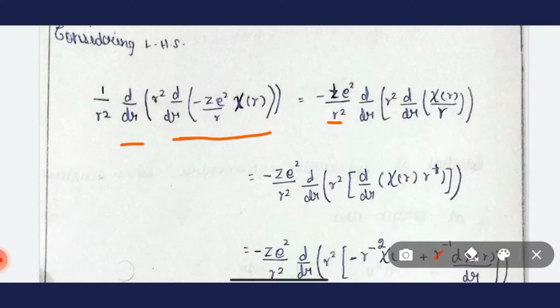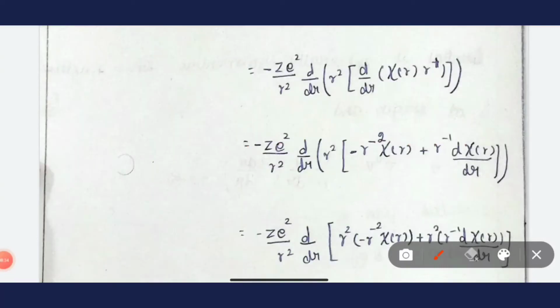So the only terms within the brackets now are r square into d by dr of chi of r divided by r. I'm taking the r in the denominator to the numerator. So here now there are two terms, chi of r and r inverse, both varying with respect to r. So what I can do is simply differentiate them with respect to the uv concept.